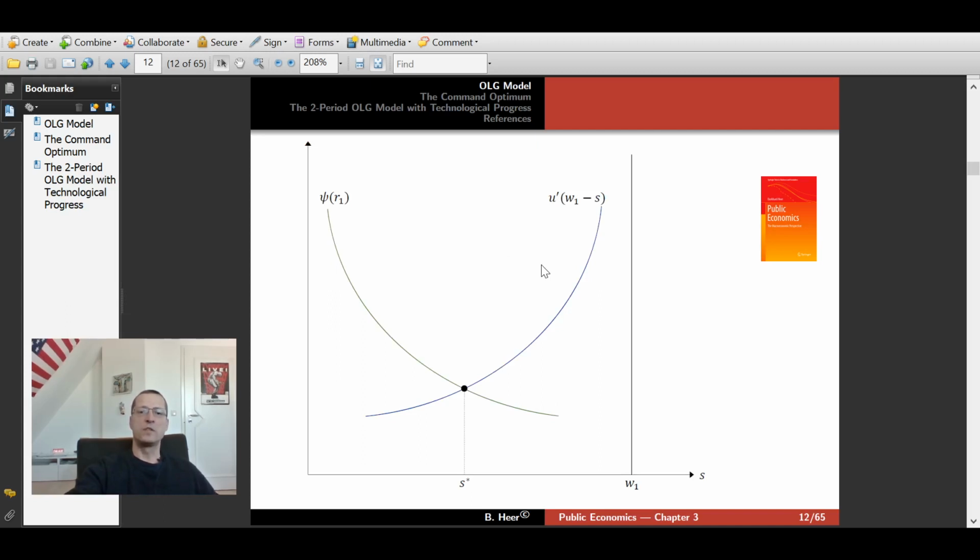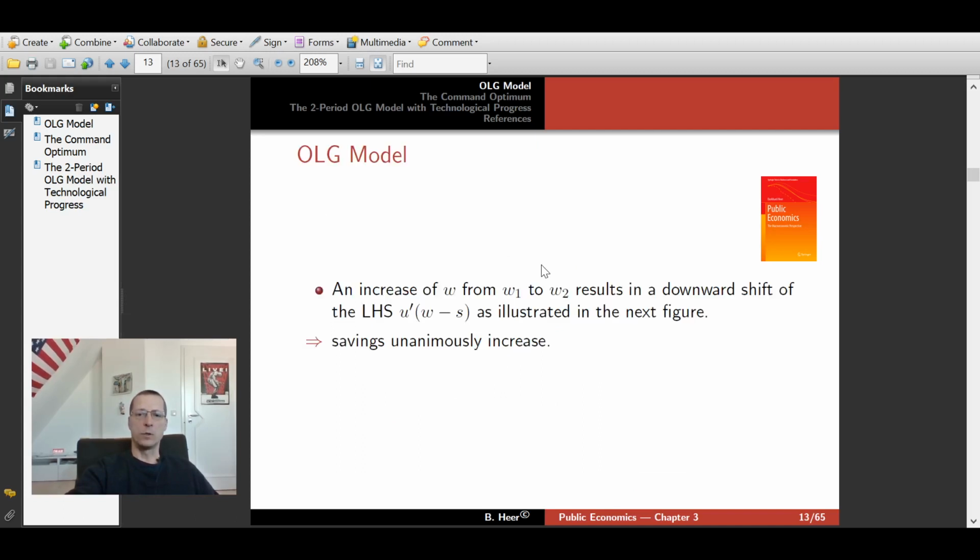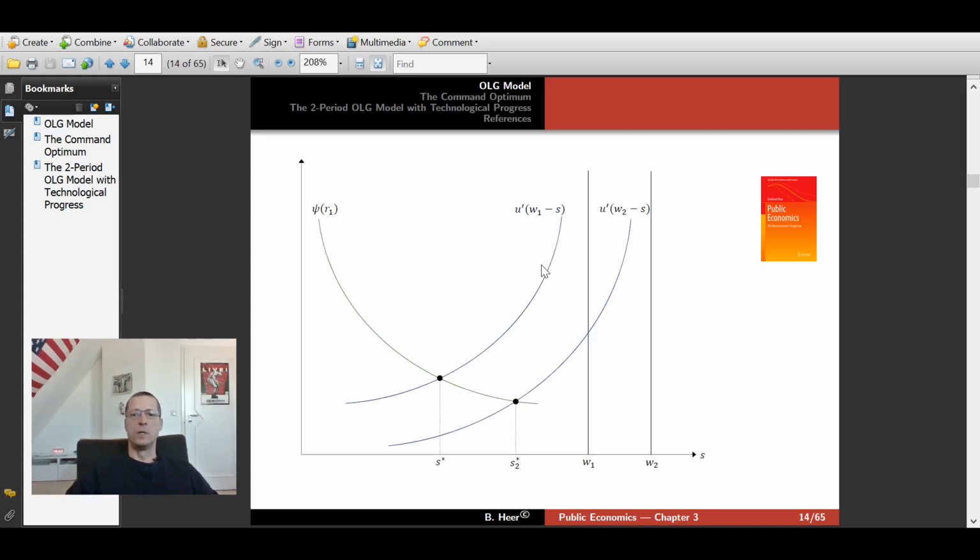So this shifts our curve U prime, our left-hand side, downward. So this is the effect of an increase of the wage from W1 to W2. Our left-hand side, U prime, shifts downward. And as you can see, savings increase unambiguously. Higher wages imply higher savings.